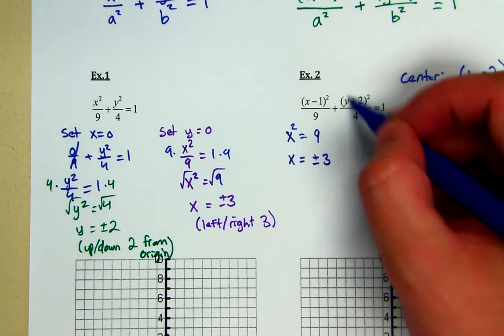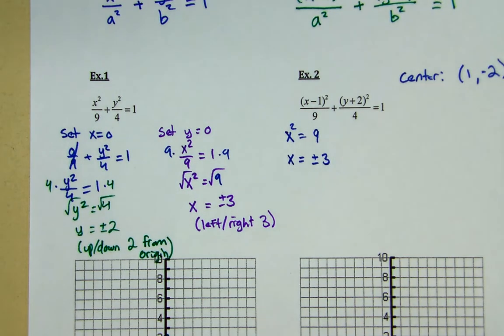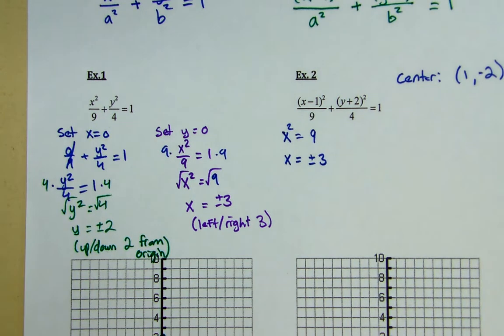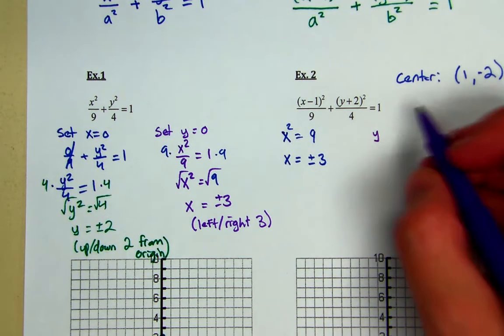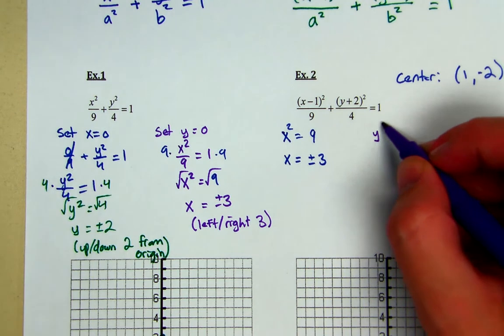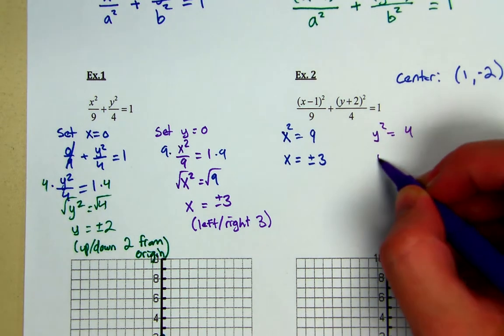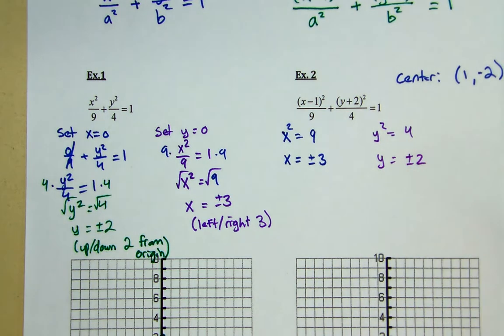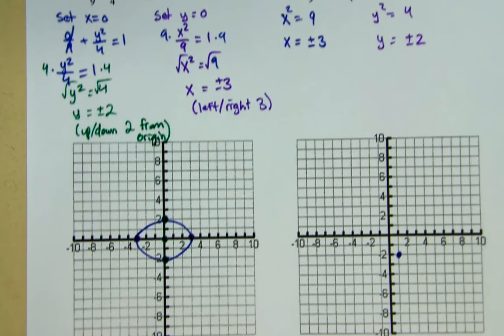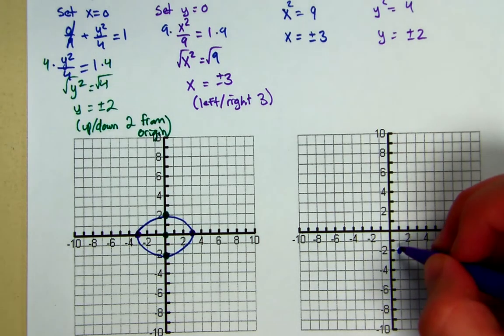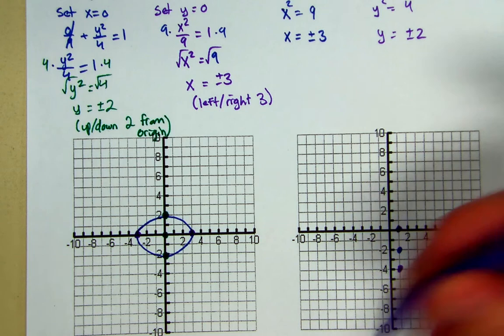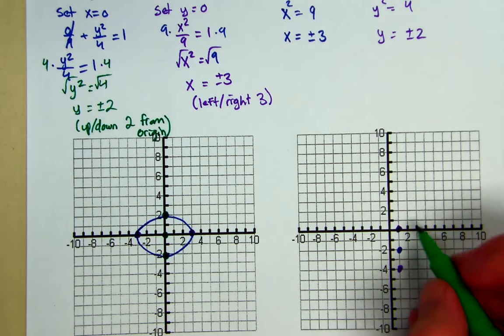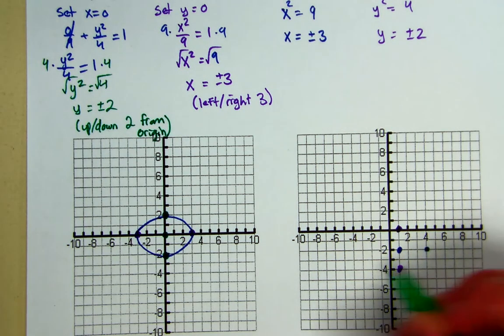Same thing over here: when I center it, y squared will equal 4, so y is going to equal plus or minus 2. So from this point, I need to go up 2 and down 2, and I need to go left and right 3.